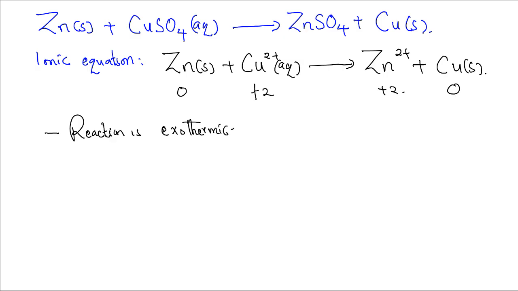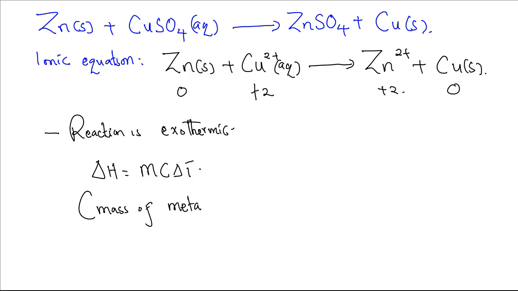The heat given out in the reaction is calculated using the formula, that is delta H equals mc delta T, where m is the mass, in which the mass is taken to be that of the solution and that of the metal added is assumed. Remember, mass of metal is assumed.